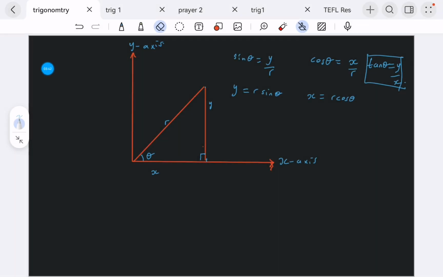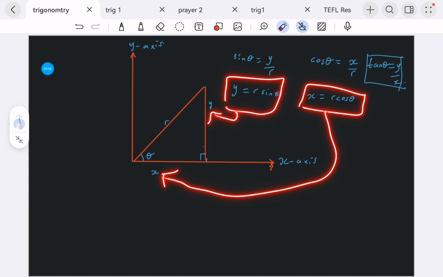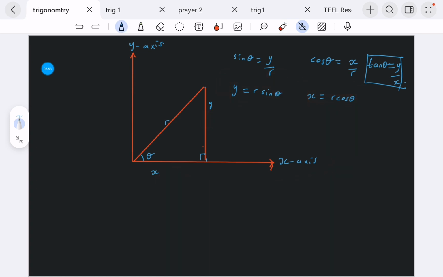and so let's go ahead and substitute this. We're going to put it right here, and this we are going to put it right here, okay? So let's go ahead. So x is equal to r cos theta, and y is equal to r sin theta, okay? And so once again, a quick recap: we remember that if this side is a, and this is b, and this is c, a squared plus b squared is equal to c squared, okay? So let's go ahead. Our a is this, okay?